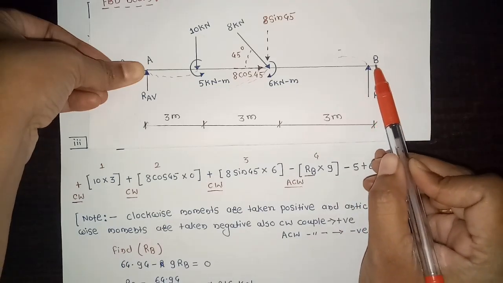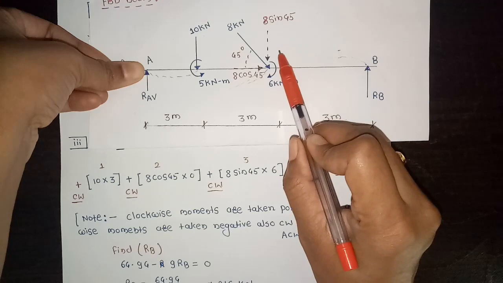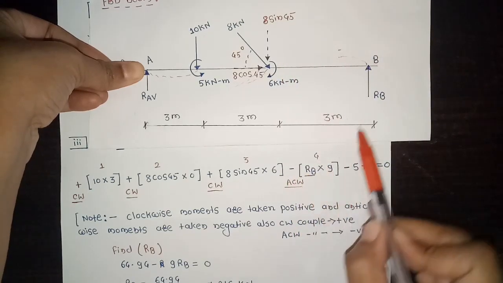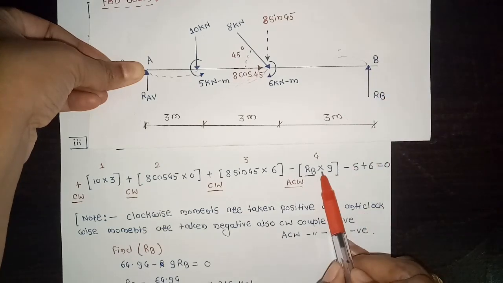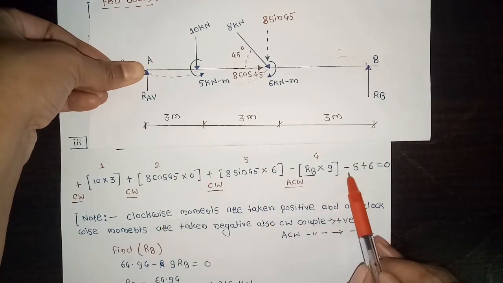Then the RB force is rotating anti-clockwise, so negative, RB into perpendicular distance 3 plus 3 plus 3, 9.